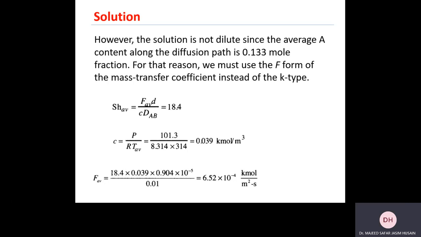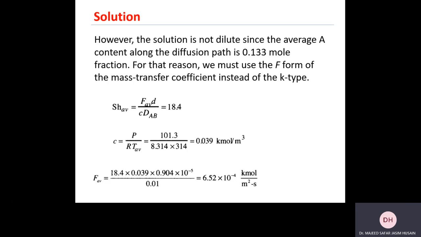That means we have to use one of the forms of the unimolecular diffusion. But unimolecular diffusion depends also on concentration. So was it dilute or was it concentrated? Since the mole fraction given to you was 13.3%, that means you are supposed to use the F type of the mass transfer coefficient rather than the K type. So you are supposed to use the equation for Sherwood which includes the F-type mass transfer coefficient.